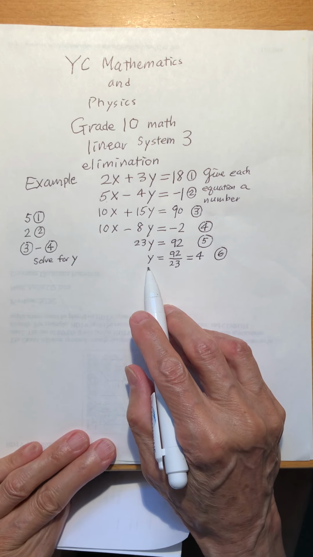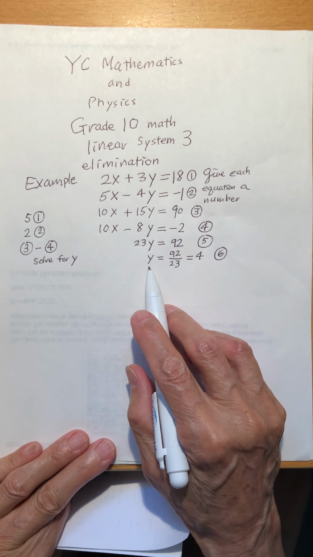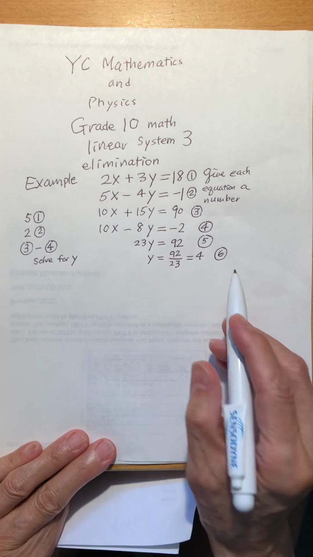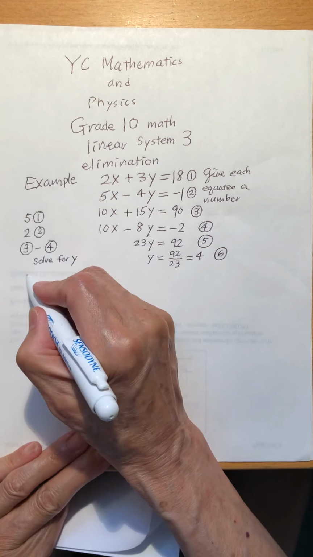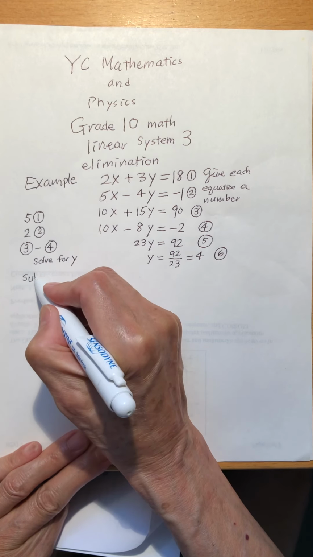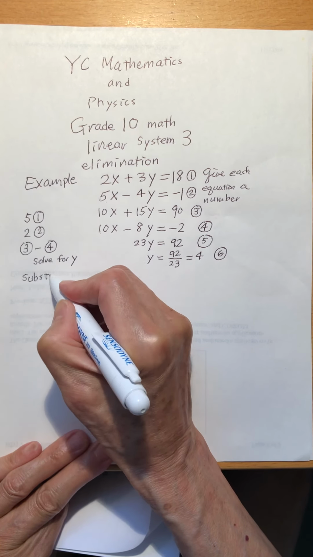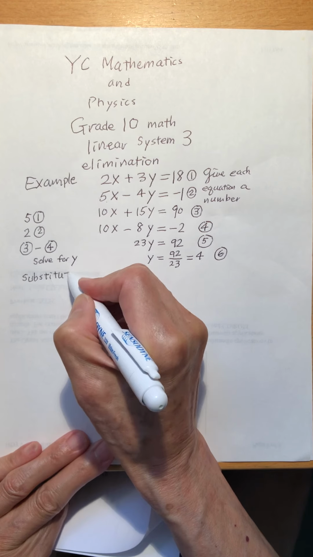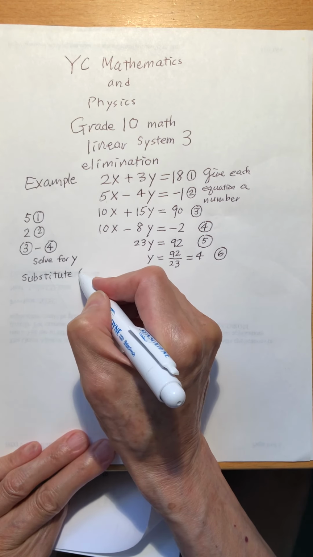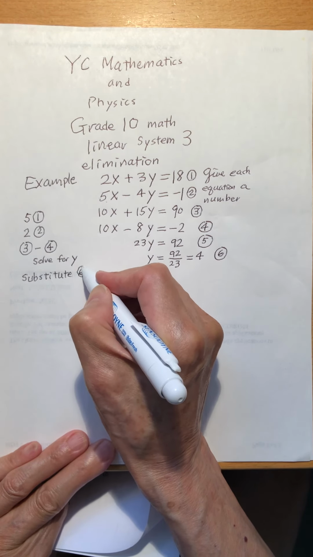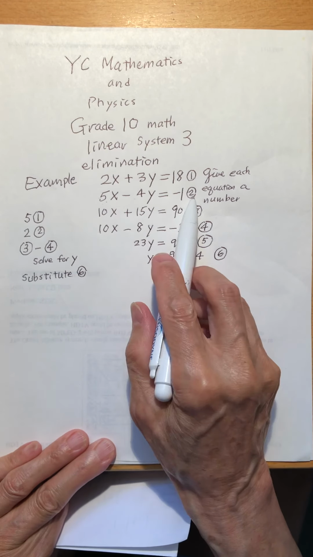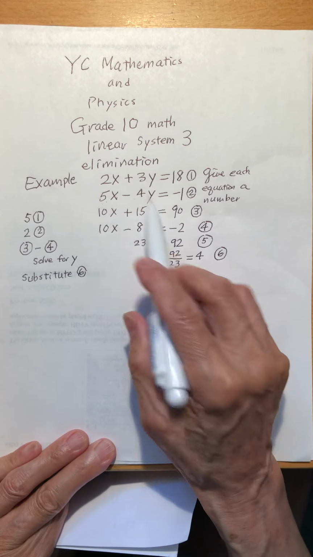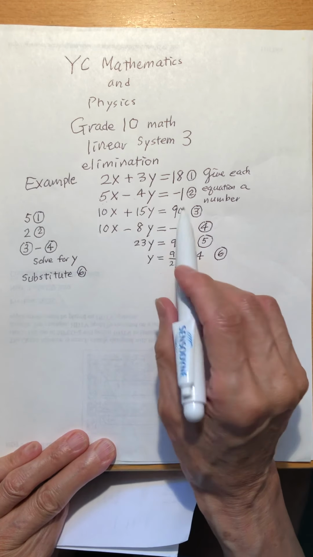So next I want to find the value of x. What I do is to substitute 6 into, I choose 2. You can substitute 6 into 1 as well.